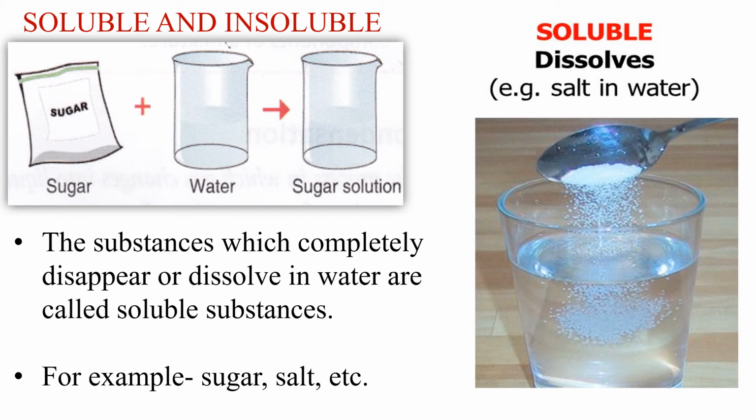The substances which completely disappear or dissolve in water are called soluble substances. Sugar and salt are examples of soluble substances.